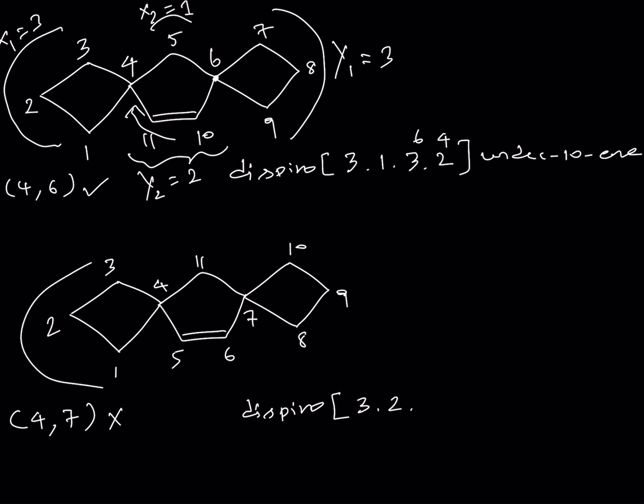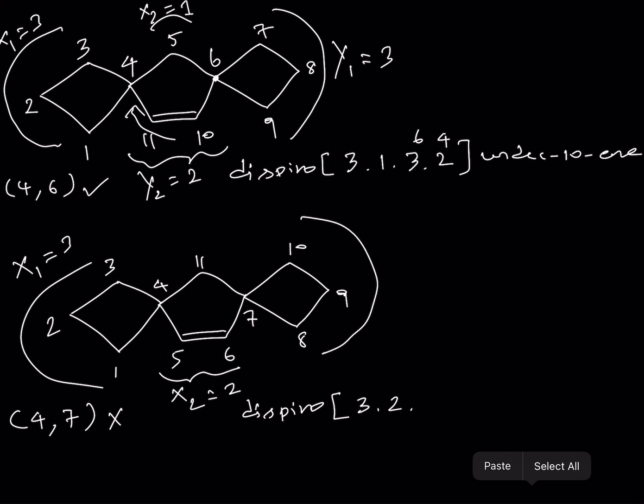So X1 is the same. Now your value of X2 is changing because we came this side. Okay, 3.2, and then the value of Y1 is 3 again, and then the value of Y2 is 1.